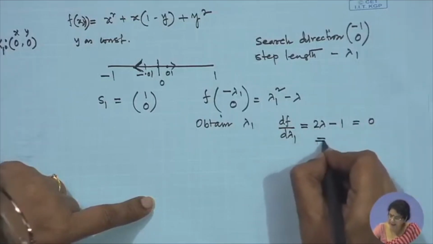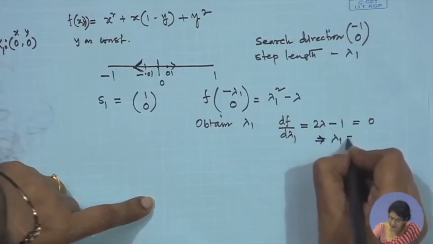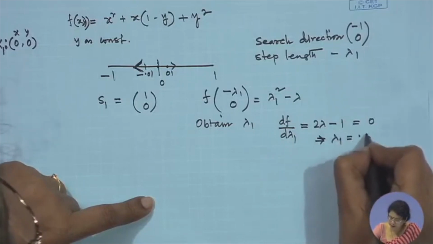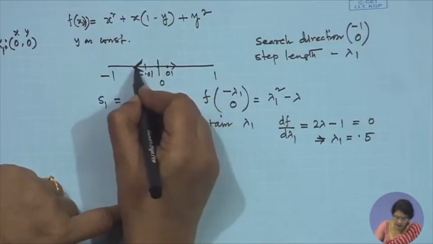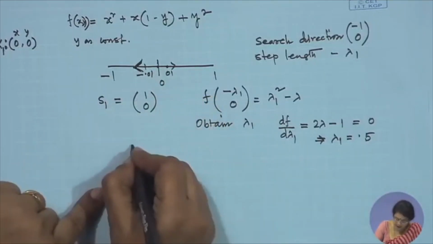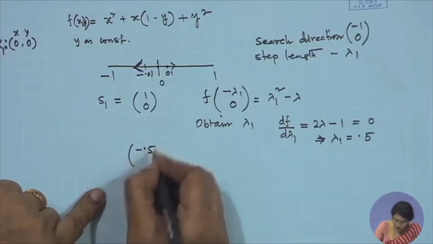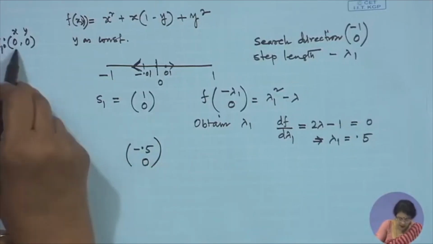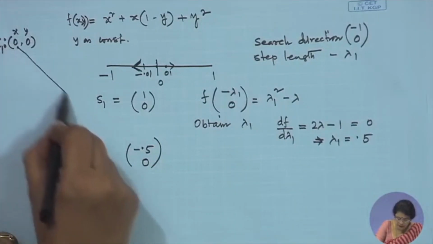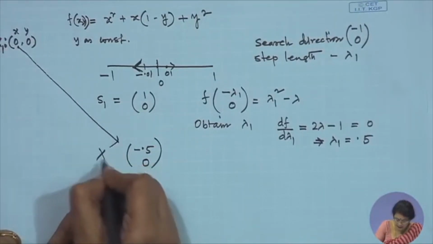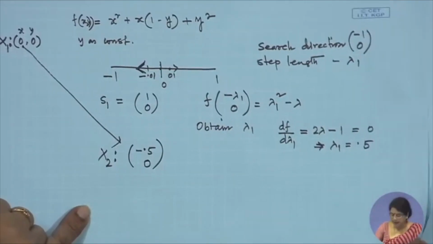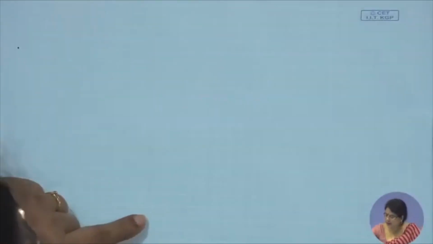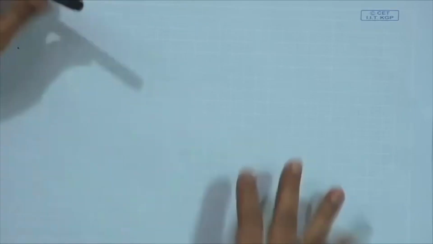From this, we get lambda 1 equal to 0.5. That is why it is clear that from this point I will move to the next point, -0.5, 0. I am starting from x1, 0 0, and moving here. This is my next point, x2. If I want to explain this in 2-dimensional space, just to see what is happening.